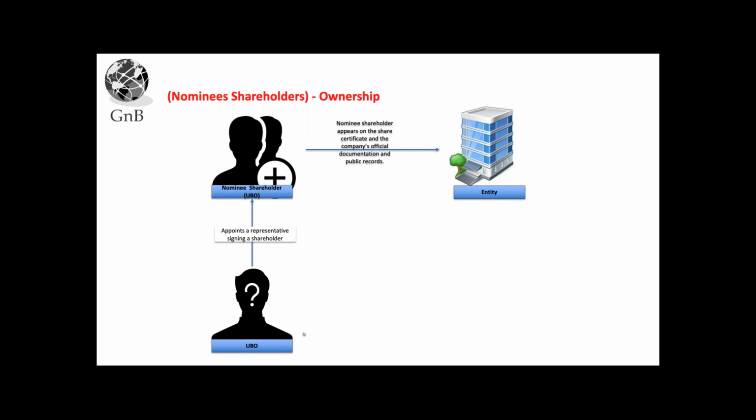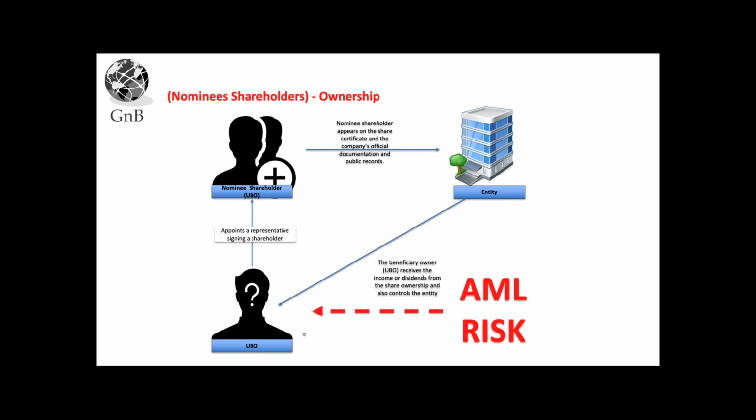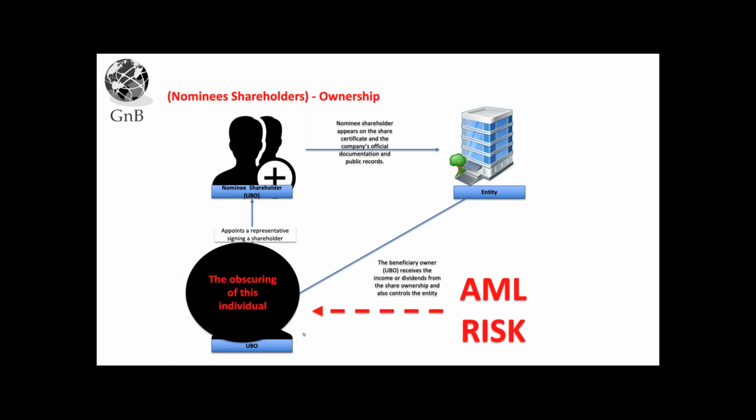The nominee shareholder appears on all the share certificates, the company's official documents and public record. Then the original UBO receives the income or dividend from the share ownership and also controls the entity, right? And the AML risk lies in trying to understand who the real UBO is, because the obscuring of the individual makes it difficult.